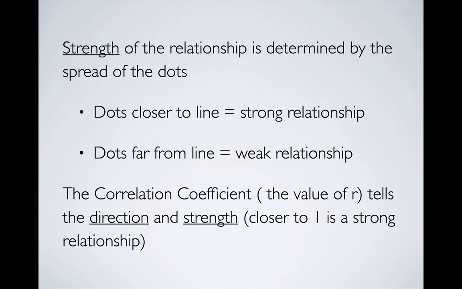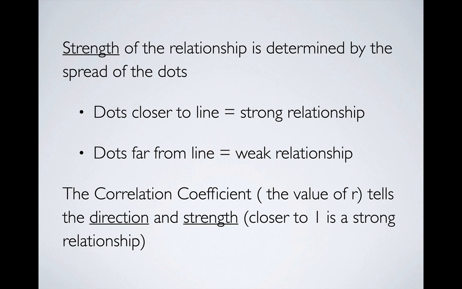When the dots are closer and you can see the line forming, going from the bottom left to the top right, or top left to the bottom right, then you have a stronger relationship, right? The closer the dots are together, the stronger the relationship. The further away and spread out the dots are, the weaker the relationship.